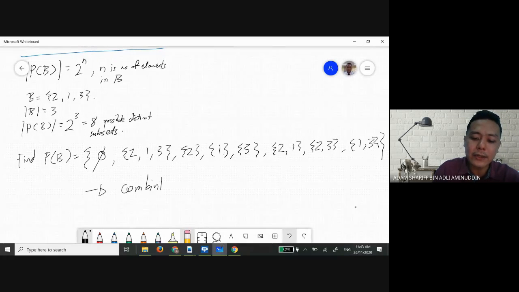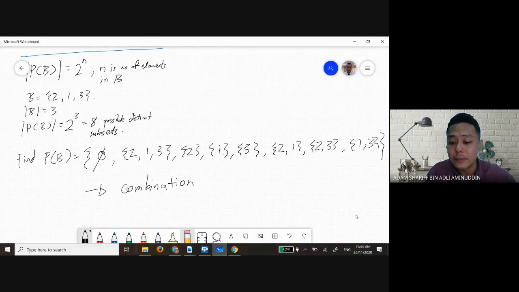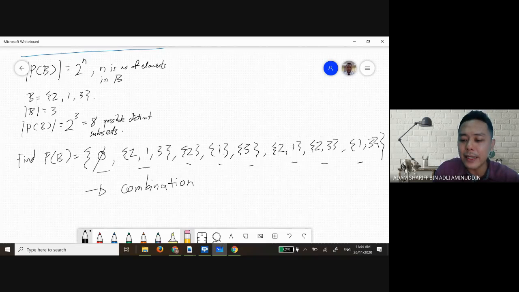Permutation bahaya you nak guna kat sini, sebab elemen kat dalam set might not be in order. Combination, order tidak memberi perbezaan. So, kira balik. 1, 2, 3, 4, 5, 6, 7, 8. All these sets are different. Okay, all these sets are different. Empty set, 2, 1, 3, 2, 1, 2, 3 and 1, 3. All of these are possible subsets of B.